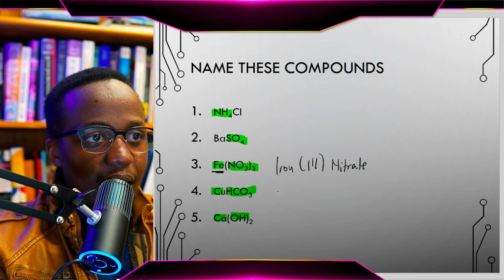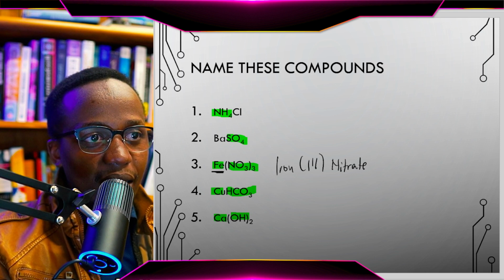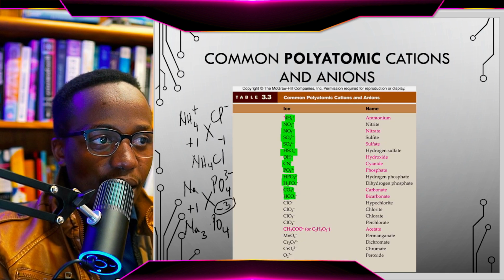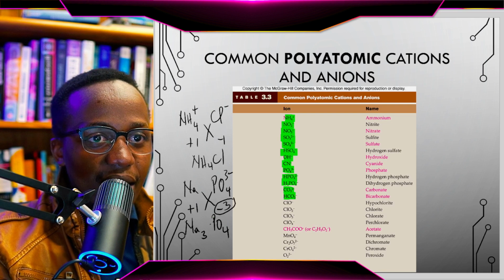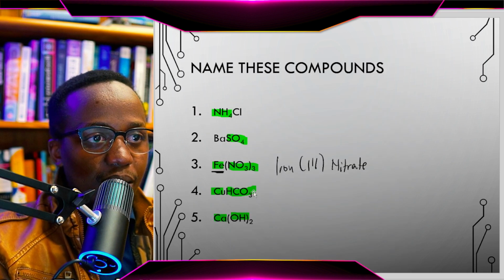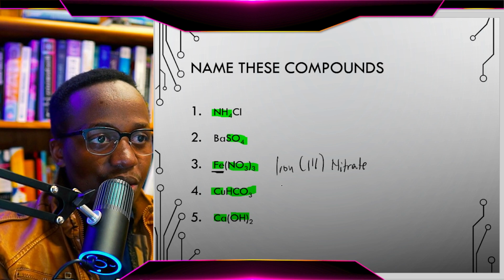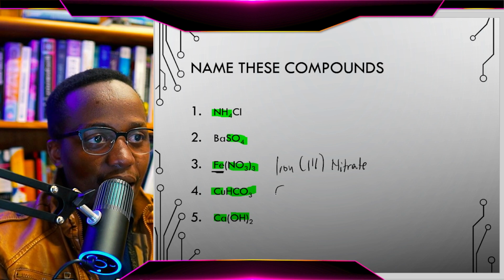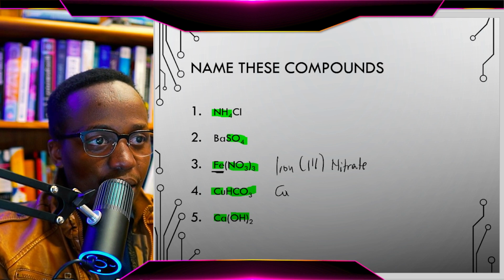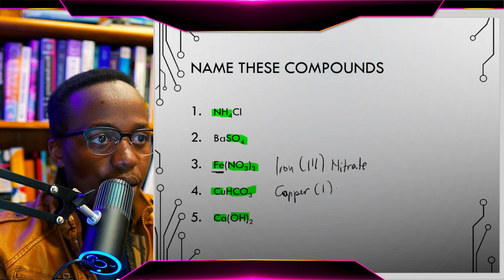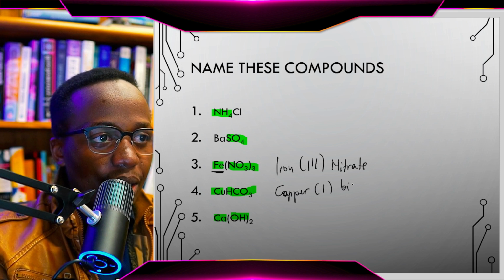And then this one is copper, right? Copper HCO3 is like bicarbonate, and it has 1. So this tells you that this is a special type of copper, by the way. It's a special type of copper that has 1. So you say copper 1 bicarbonate.